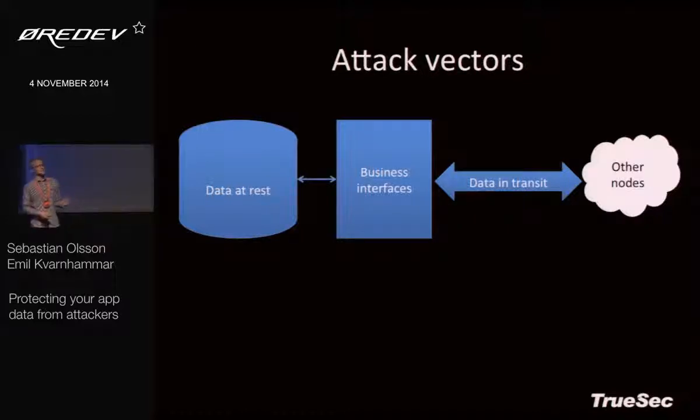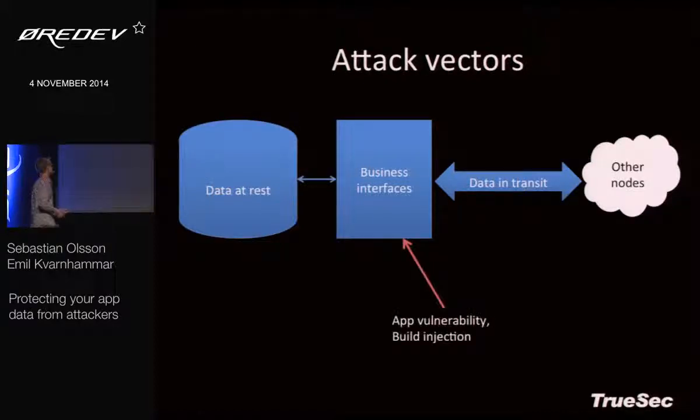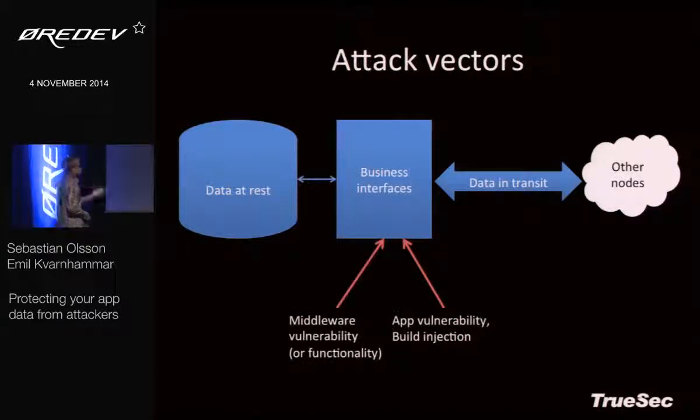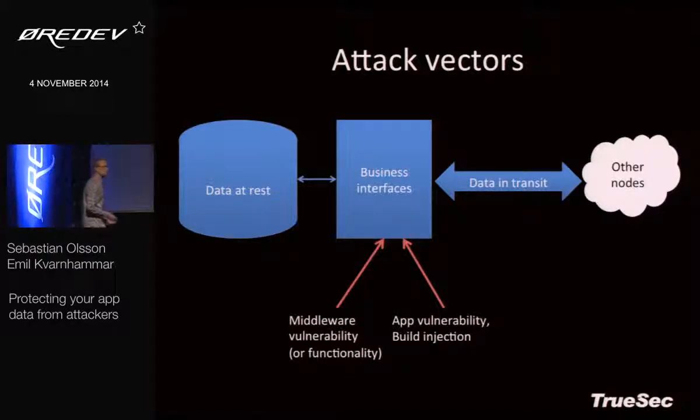Another way of looking at this is from an attack vector point of view. There are several different types of attacks that we need to consider. On the business interfaces or the application logic, we might have application vulnerabilities. We might be vulnerable to a cross-build injection, for instance, that Sebastian will explain more about later today. But we also have middleware, and middleware, of course, contains vulnerabilities, especially if we don't update our middleware.